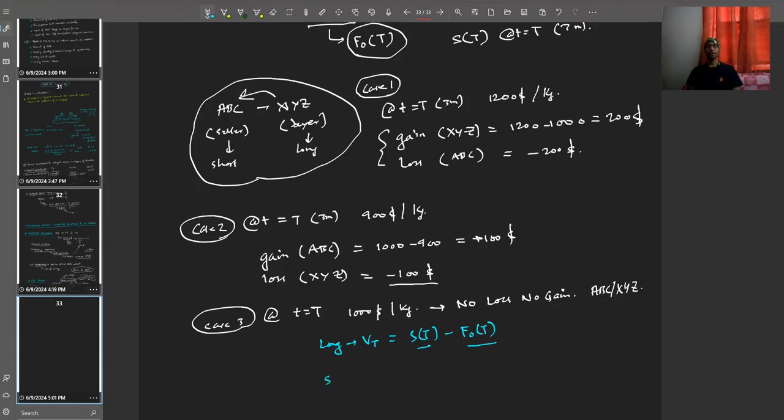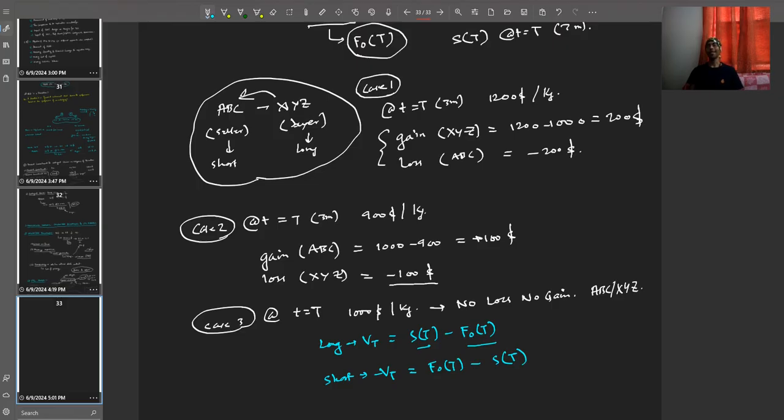Now, the value to the short of the forward contract at maturity is given by minus Vt, which is equal to F0t minus St. So you can understand that if the market price is higher than the contract price, the person who is long the forward contract makes a gain, and the reverse happens to the short person.